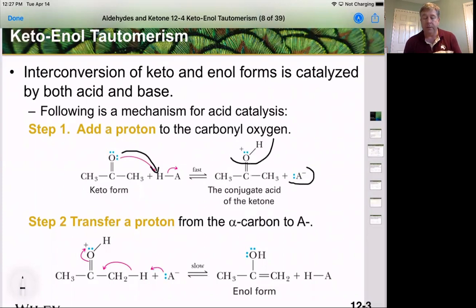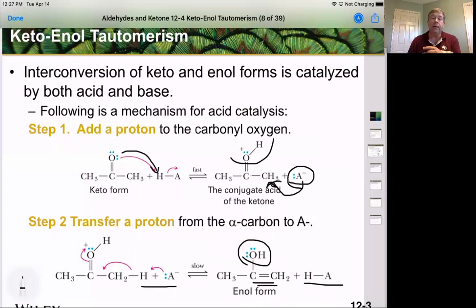Now, the conjugate base of the acid that was used can act as a base and pull a hydrogen off of this carbon here, regenerating our acid and giving us our alcohol form and our alkene here. So this is going constantly back and forth, back and forth.